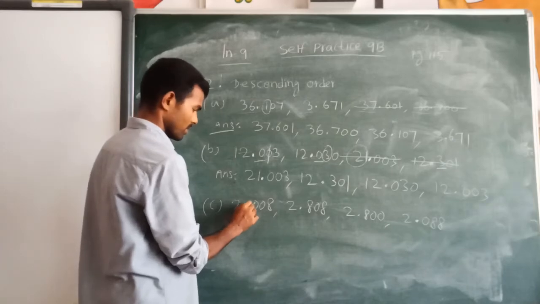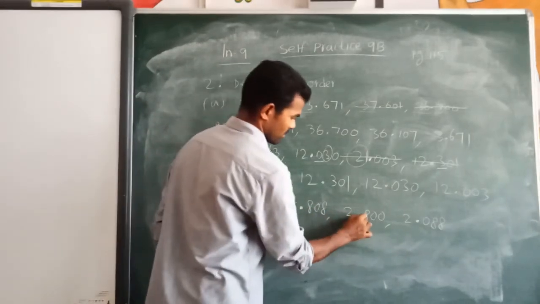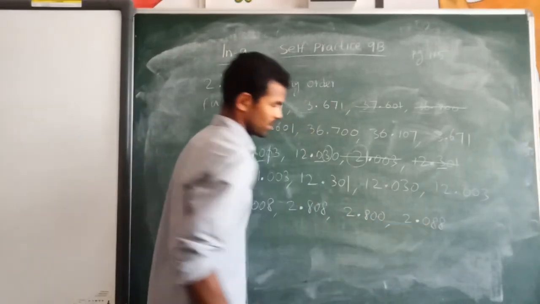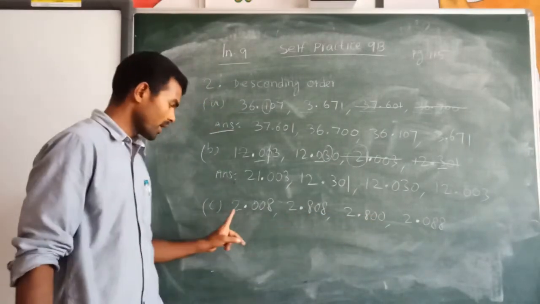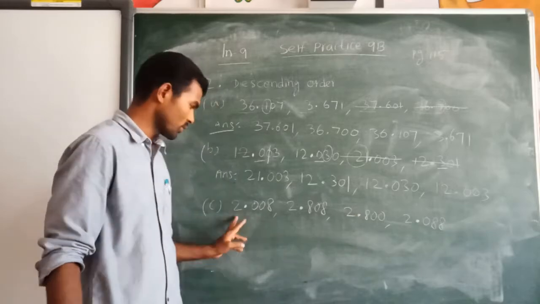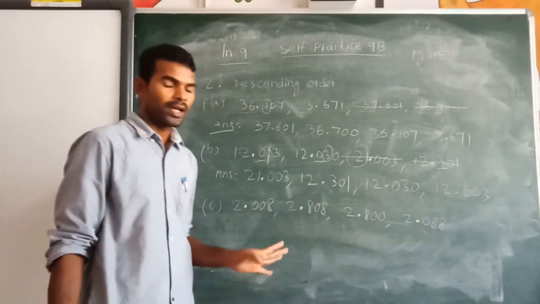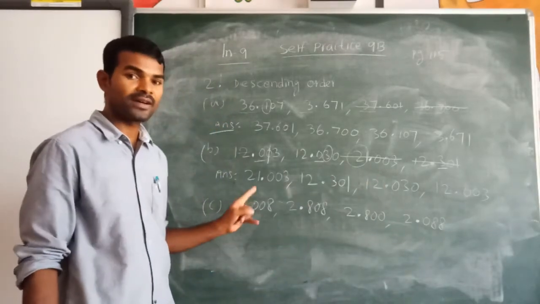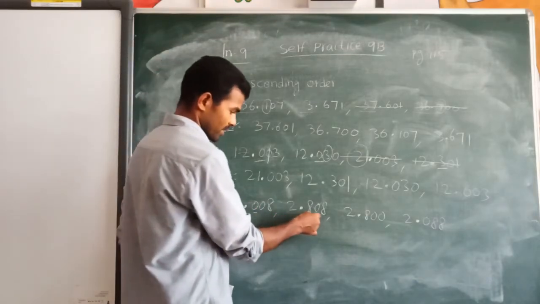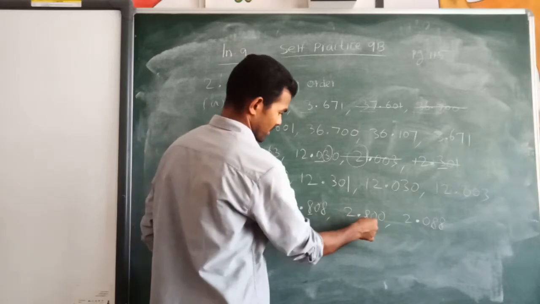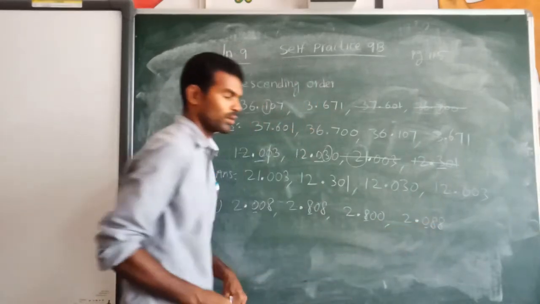Children, look at it. Every whole number is the same: 2, 2, 2, 2. Now compare after the point, the first decimal place. Here is 0, here is 8, here is 8, here is 0. So leave the 0.